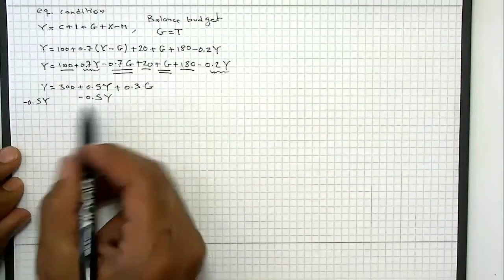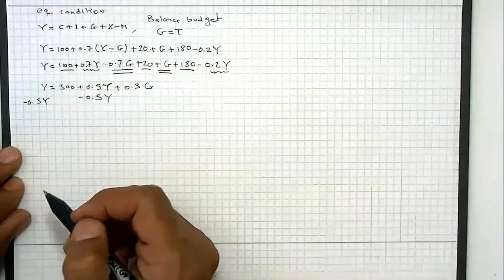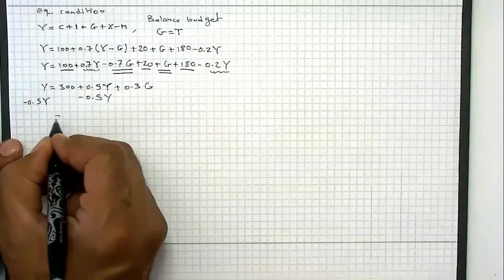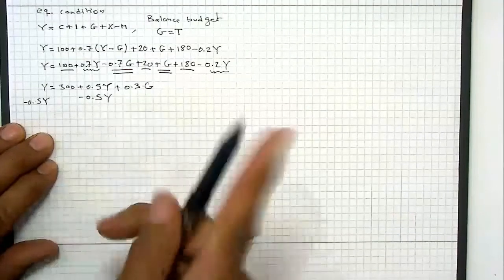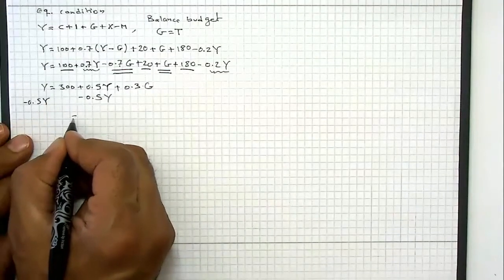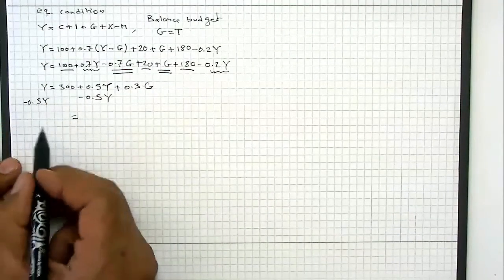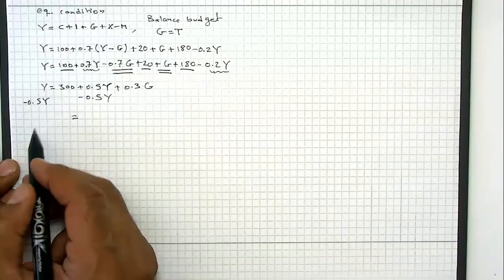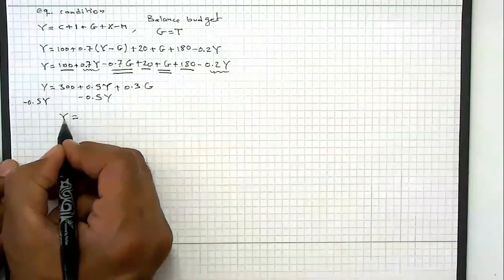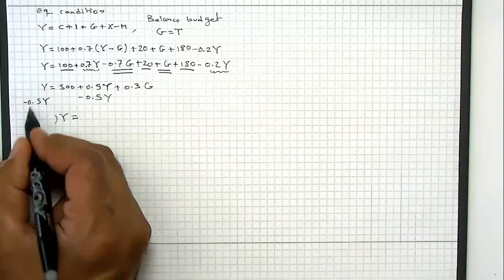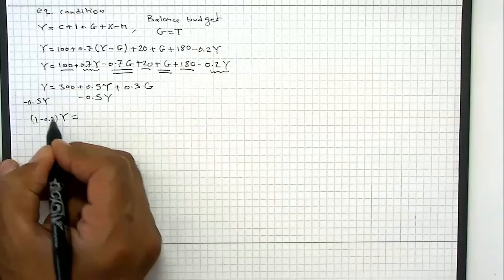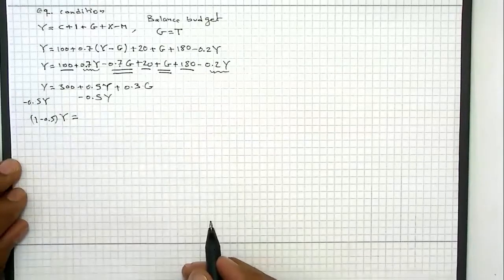I can move this equal sign a little bit to the right because I need space here. So here the common factor is y, 1 minus 0.5.